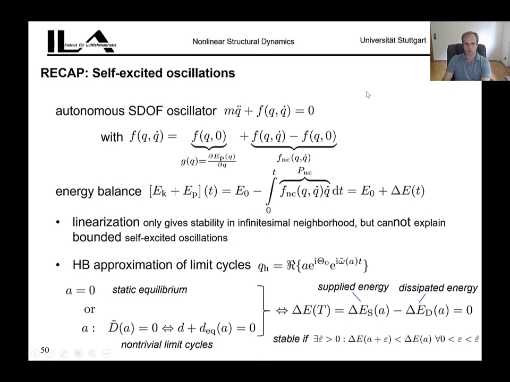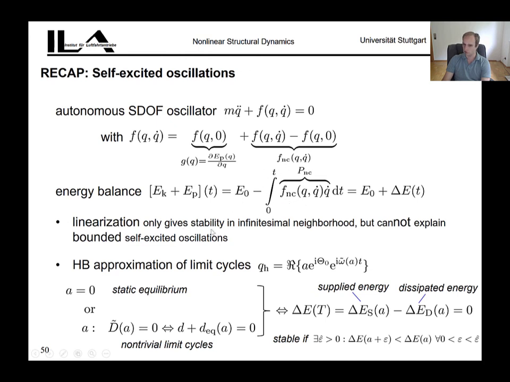So let's just do a short recap here of self-excited oscillations. We have here the autonomous single degree of freedom oscillator. In its general form, the core idea was to split this quite general restoring force into a conservative force and a non-conservative force. And the energy change is just due to this non-conservative term here.